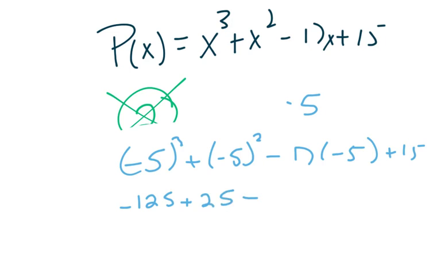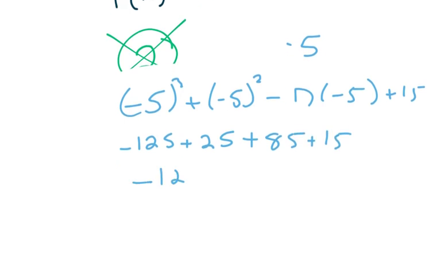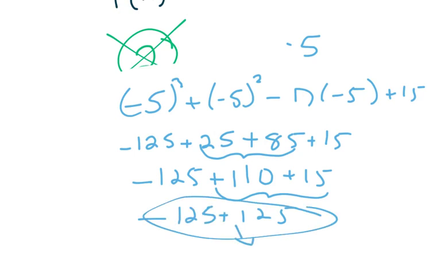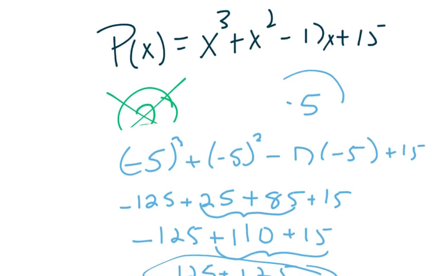Minus 17 times negative 5 is minus negative 85, so plus 85, plus 15. So we say negative 125 plus 110 for these two, plus 15. This guy is 125. So negative 125 plus 125 is 0. Since that's a 0, negative 5 is a 0 or a solution of this polynomial.